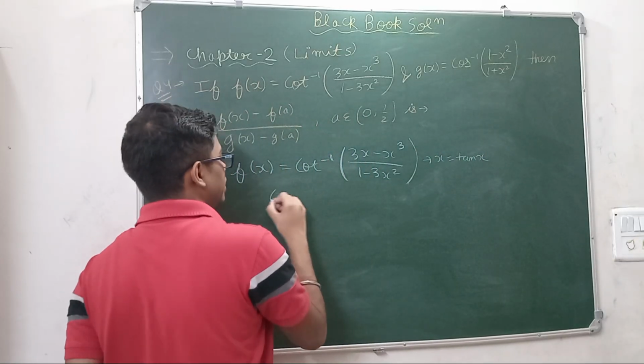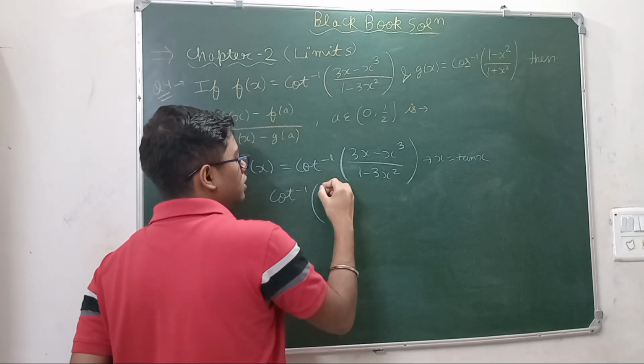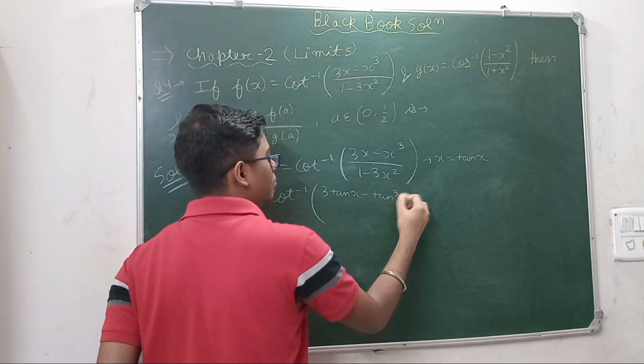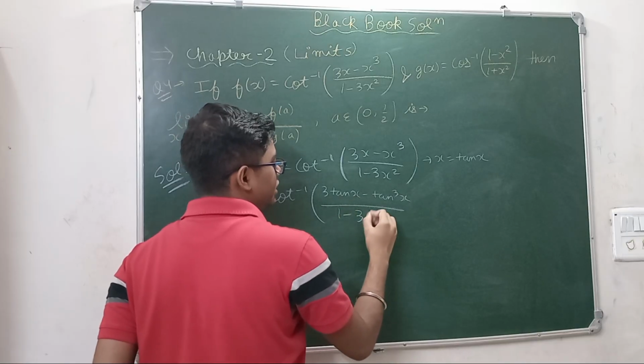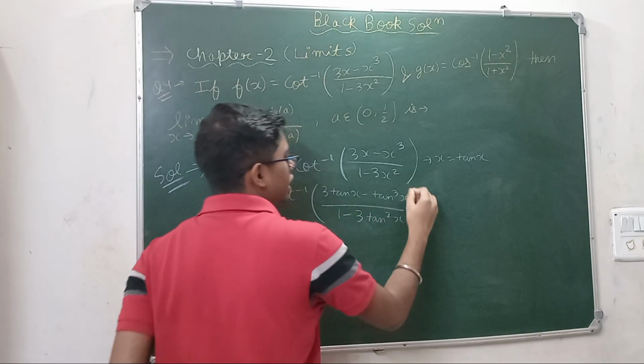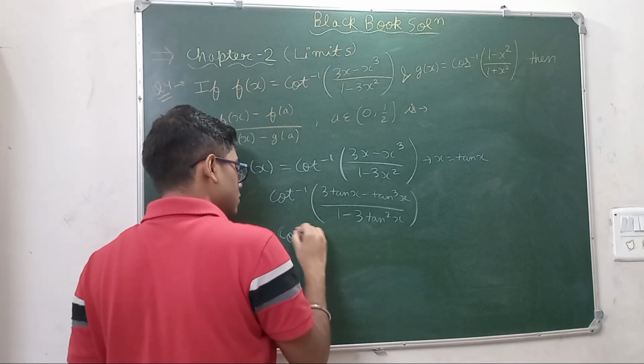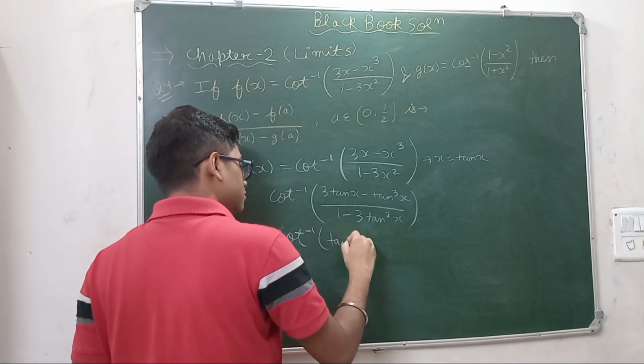What will it make? It will make cot inverse 3 tan x minus tan cube x upon 1 minus 3 tan square x. If you remember, this is the formula for tan 3x. So this will become cot inverse tan 3x.